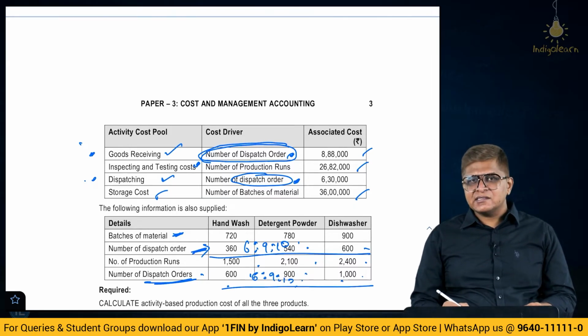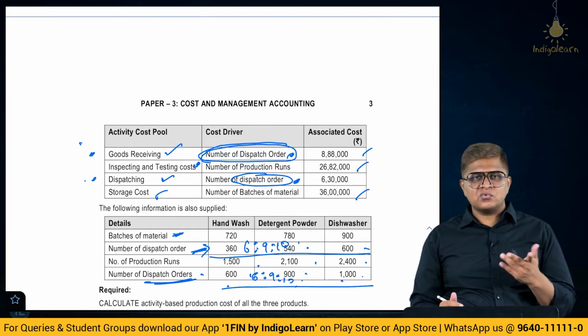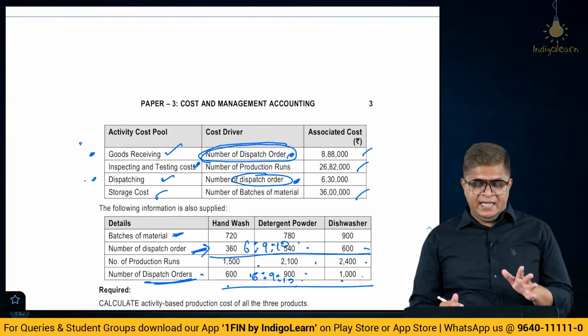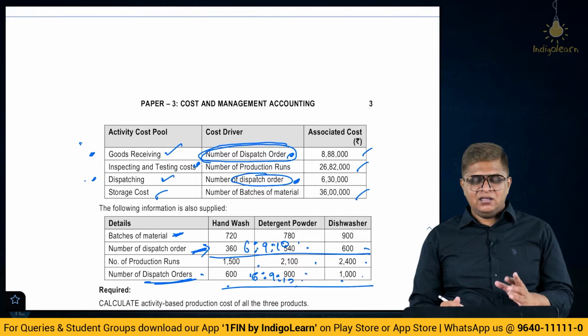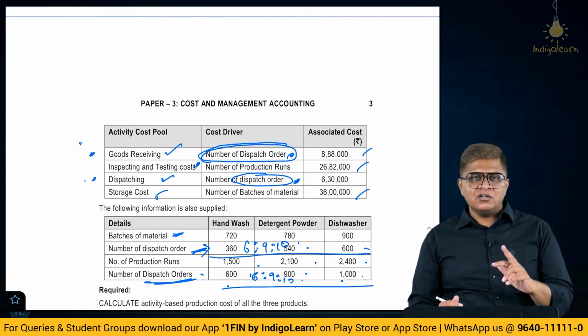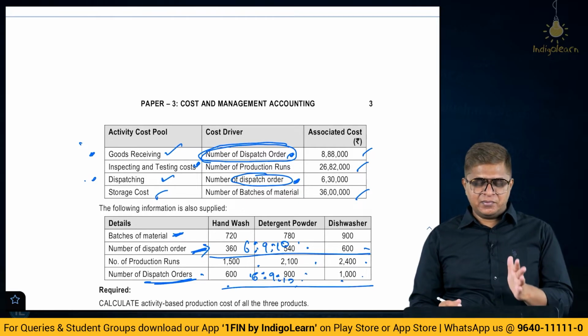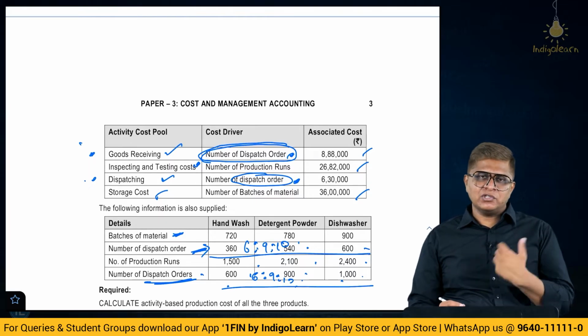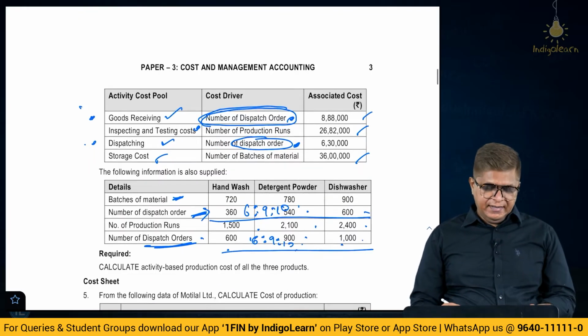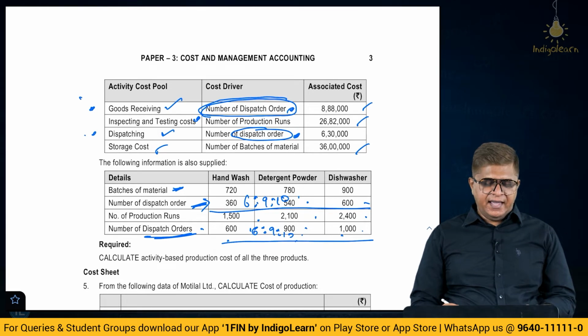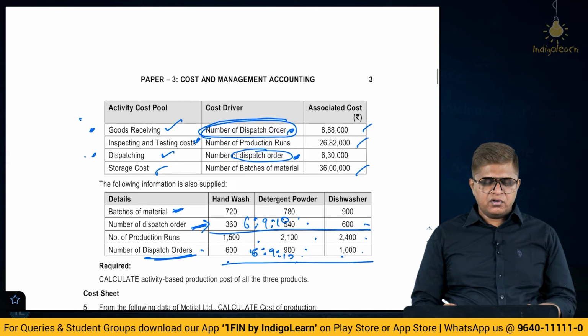So luckily it is the same proportion, so our answers won't change. But having said that, if these two were different and if there is such a typographical error, you take whichever you want to take and make a suitable assumption. There is lack of clarity in the question. However, since the proportion is same, we will use the proportion and we will go ahead. Required, calculate activity based cost for all the three products.